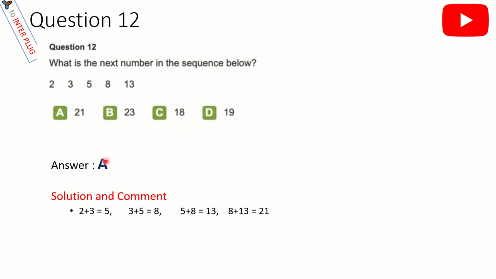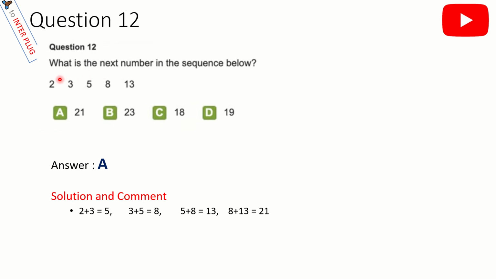I know some of you might get confused. You do maybe three minus two, you get one. The step between these two is one, the step between these two is two, the step between this one is three, the step between 8 and 13 is five, right?